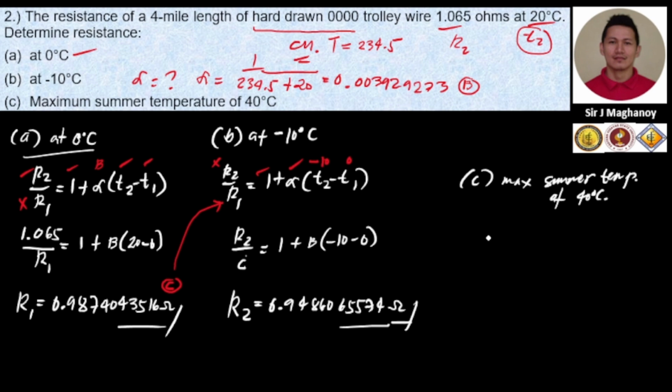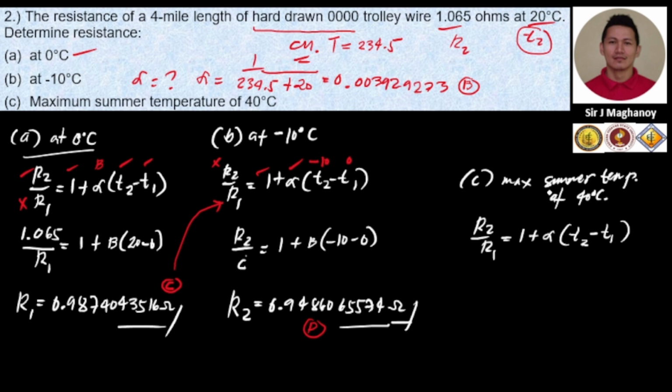So let's recall our formula. By the way, our R2, we'll save this to our alpha D. Okay, let's recall our formula. Our R2 over R1 is 1 plus the temperature coefficient times the final temperature minus the initial temperature.